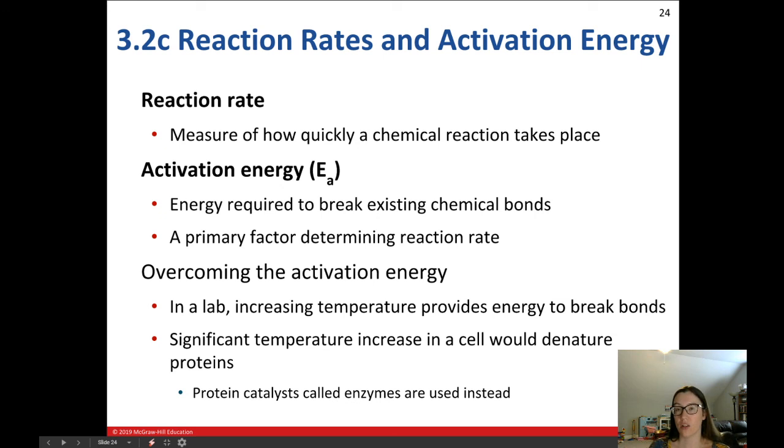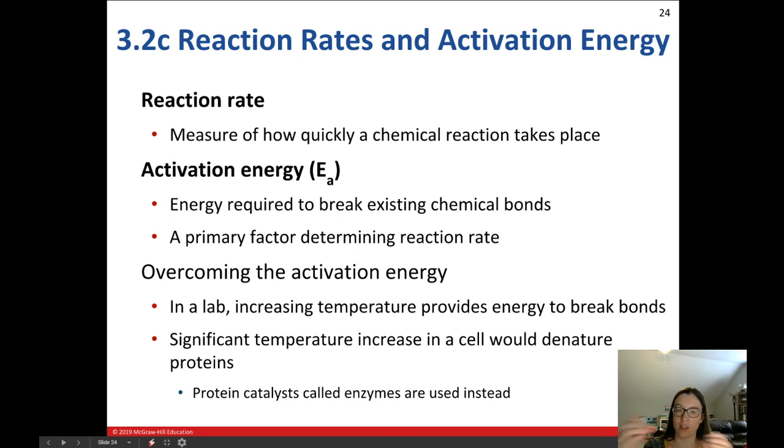So next I want to talk a little bit about reaction rates. Reactions can either be fast or slow, right? A reaction rate measures how quickly a chemical reaction takes place. And in order to figure out how quickly it happens, we need to figure out what the activation energy is. The activation energy is the energy required to break those existing chemical bonds.